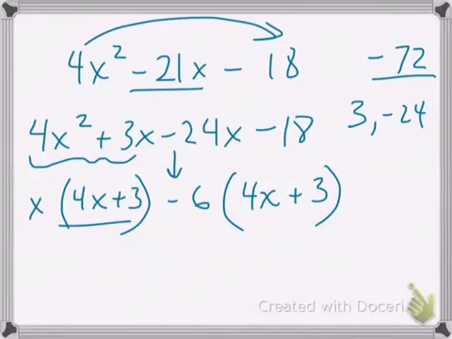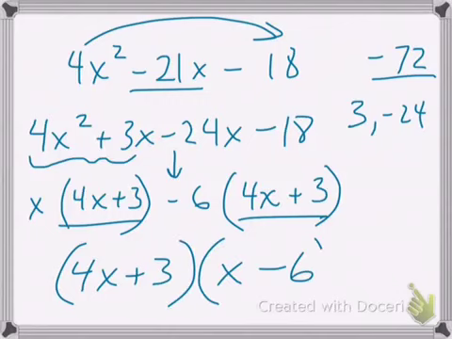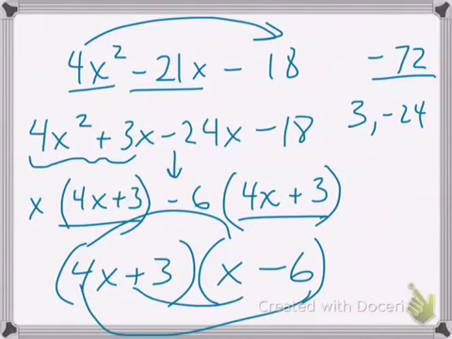So we can factor this trinomial by grouping. We just bust up that middle term and write it as two terms instead of one. That's pretty nifty, right? So then you can multiply 4x times x, that gives you 4x squared. Negative 24 plus 3 is negative 21. 3 times negative 6 is negative 18.